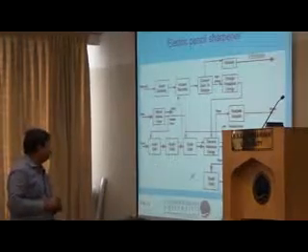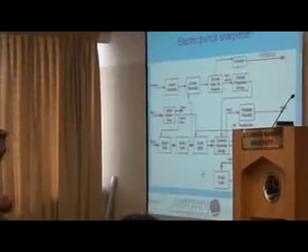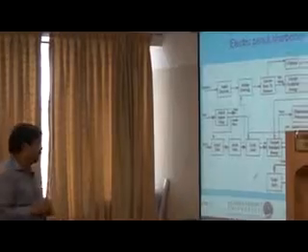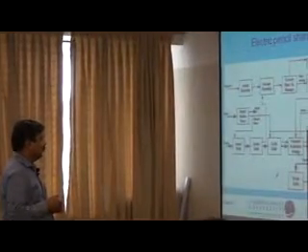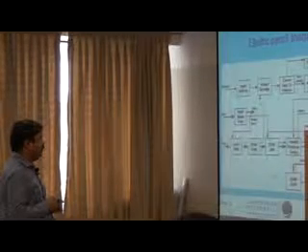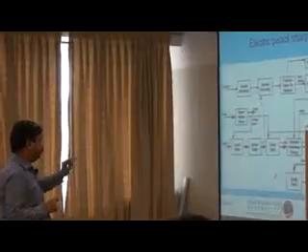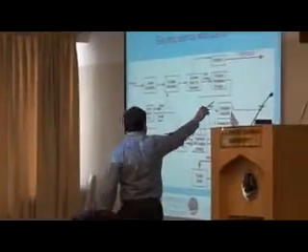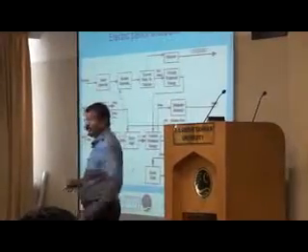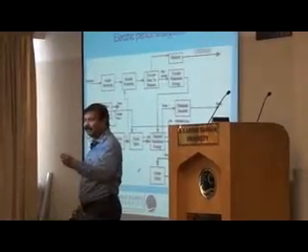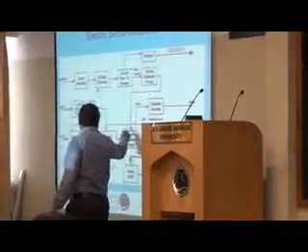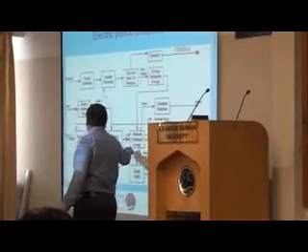Then you actuate, converting electricity into rotation. This rotational energy is changed. What do I mean by change? I may have to increase or decrease the speed, and it is given here.